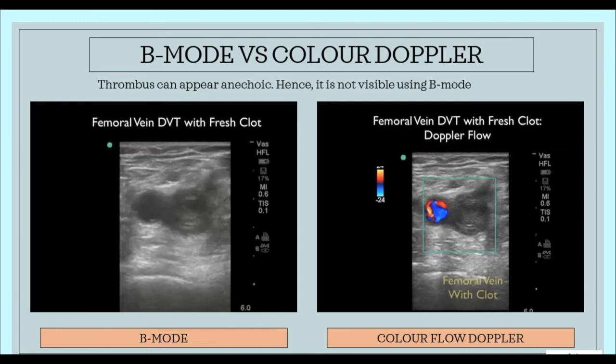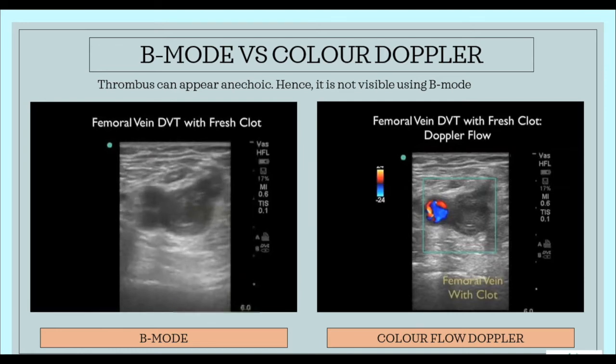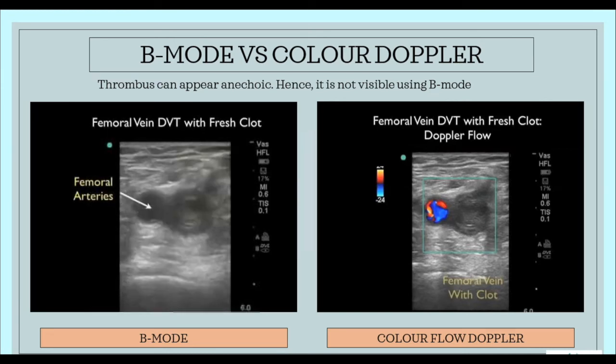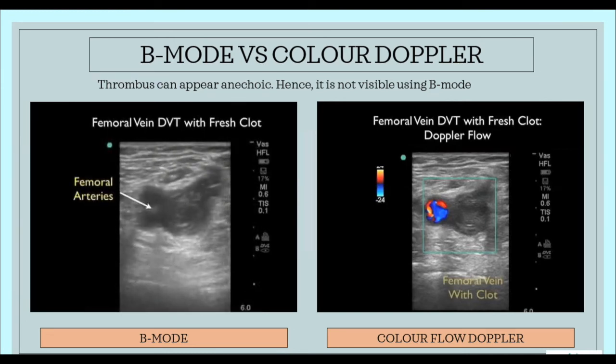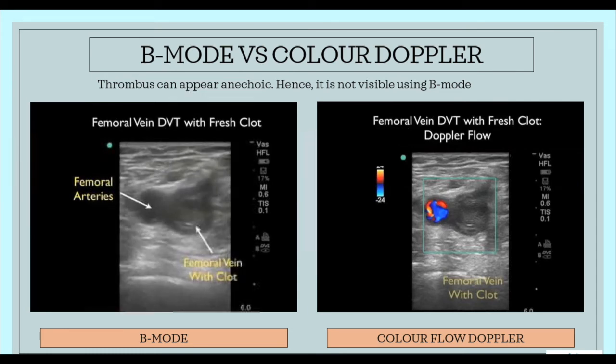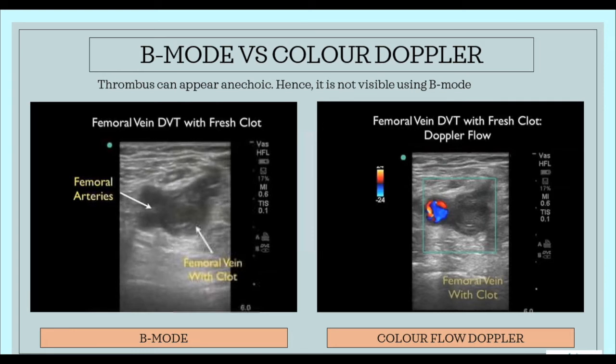Okay, so this is B mode that shows the appearance of thrombus during ultrasound, because thrombus can appear anechoic, so sometimes it is not visible using B mode.